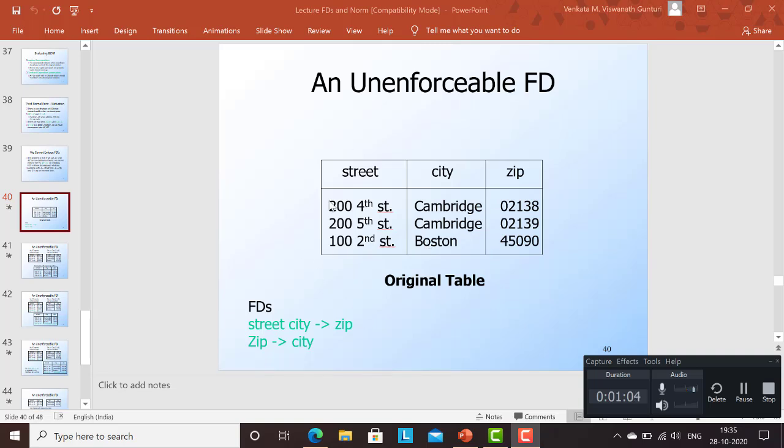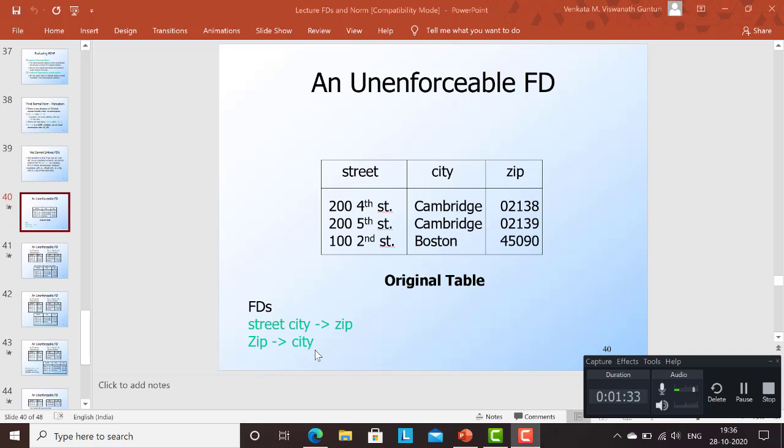So in a relation like this, you have two keys. One is, of course, the combination of city and street address, and the other combination would be street address and zip code. They both will be keys of this particular relation. Now, as I said before, this causes trouble. Zip code implies city.